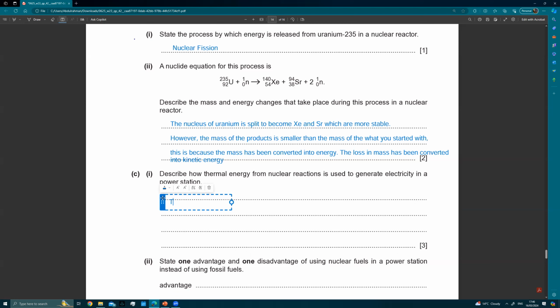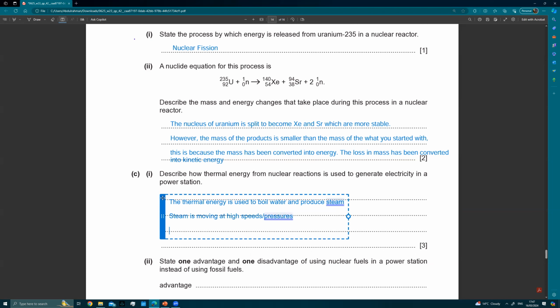So we could say that the thermal energy is used to boil water and produce steam, moving at high speeds and pressures. This spins a turbine, which is connected to a generator. And when the turbine and generator are moving, there will be a change in magnetic field inducing an EMF.